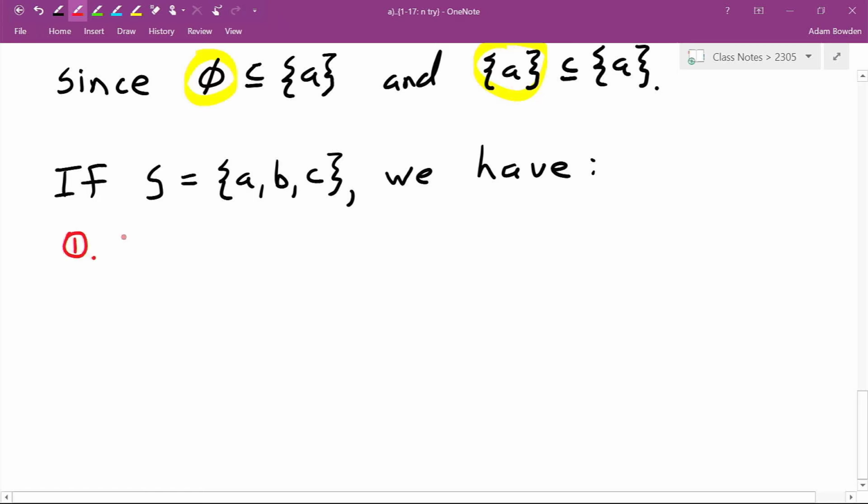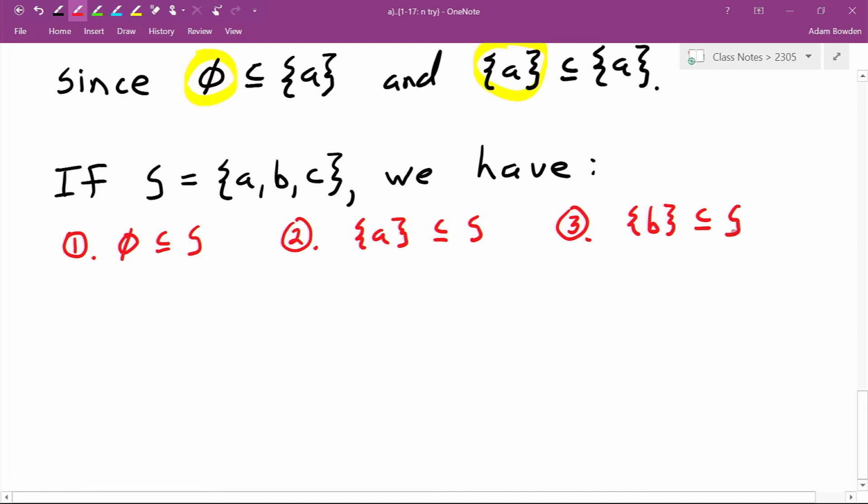First off, the empty set is a subset of S. The set containing A is a subset of S. The set containing B is a subset of S. The singleton set containing C is a subset of S.